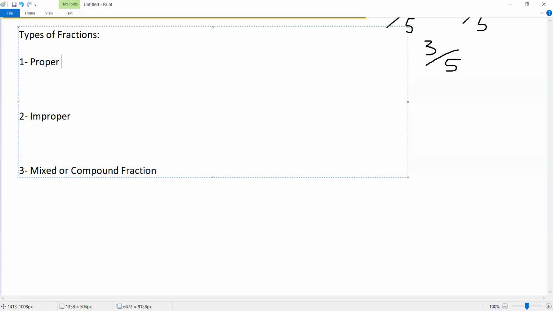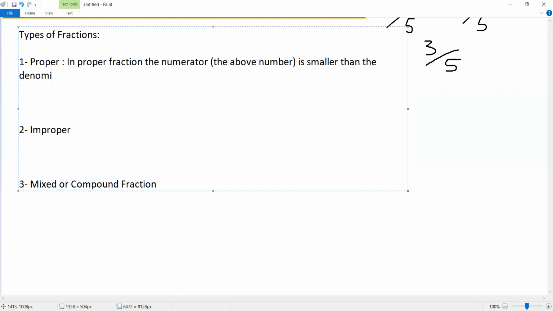In a proper fraction, remember, the numerator, the above number, is smaller than the denominator. In this type of fraction, the above number, called the numerator, is smaller than the denominator.